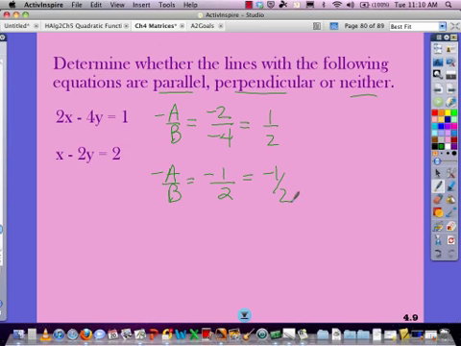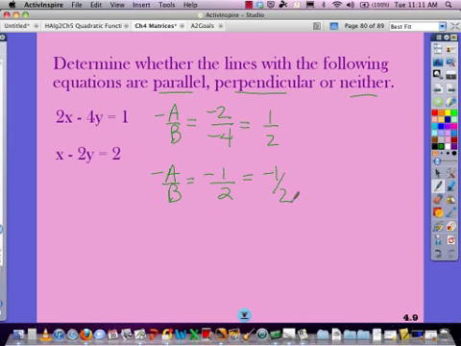If I got a positive 1/2 on the first one and a negative on the second one, they are not parallel, because parallel lines need to have the same slope. And perpendicular needs to have opposite reciprocals, and these guys are just opposite, so that doesn't work either. And so we'd have to say neither. These lines are neither parallel nor perpendicular, which means they could be just intersecting.